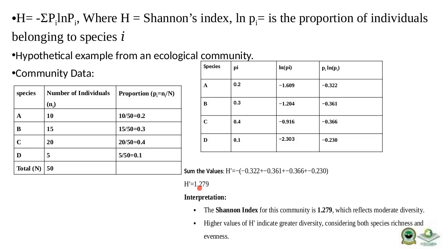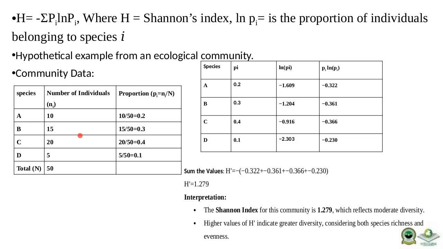Here we have 1.279. The interpretation is that the Shannon index for this community is 1.279, which reflects moderate diversity. Higher values indicate greater diversity, considering both species richness and evenness, which means this particular community is moderately diverse.